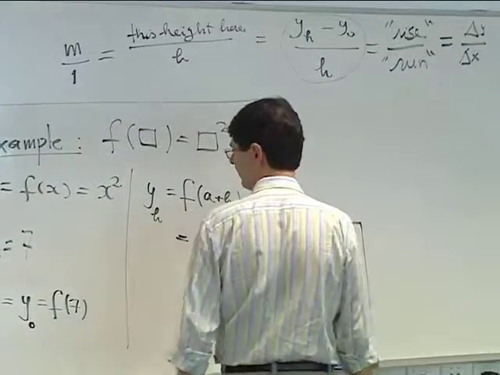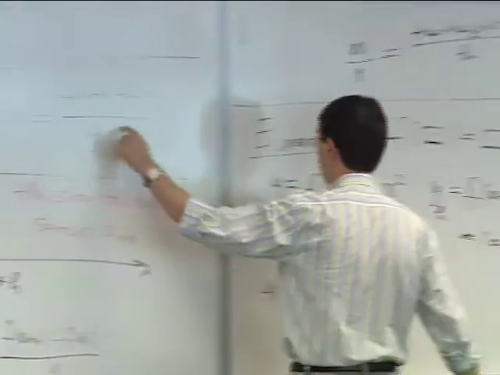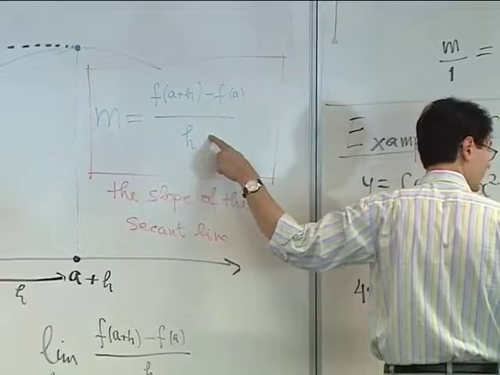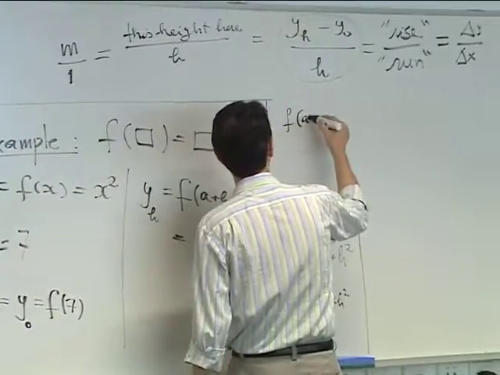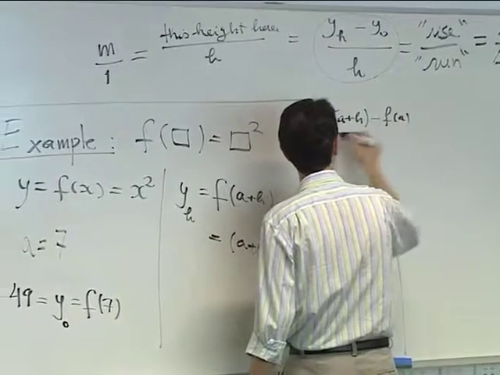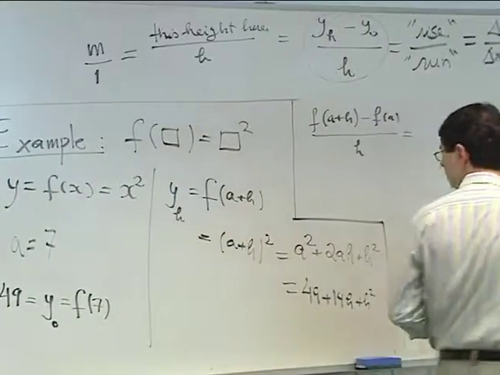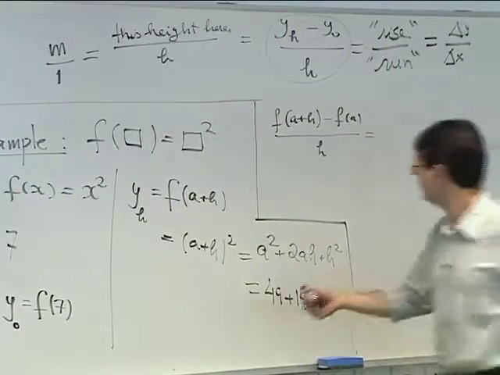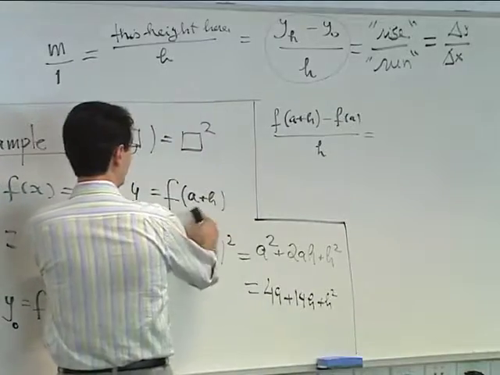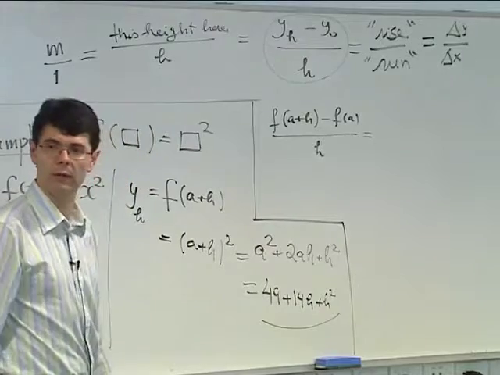So let's see. I want to compute, first thing, this. I want to compute f of a plus h, take away f of a, and then I want to divide by h. And what is that? Well, check it out. f of a plus h is equal to this. We've done the work.